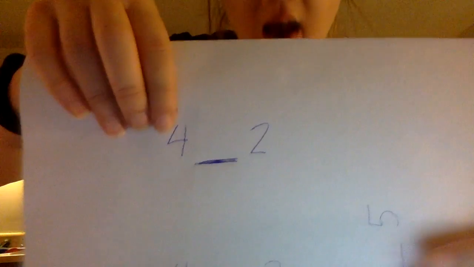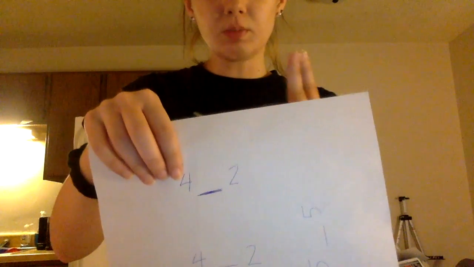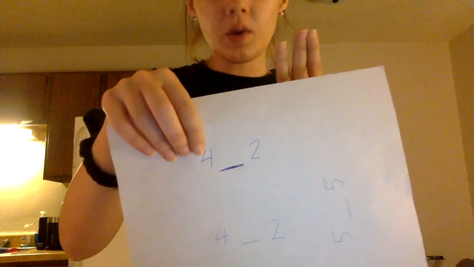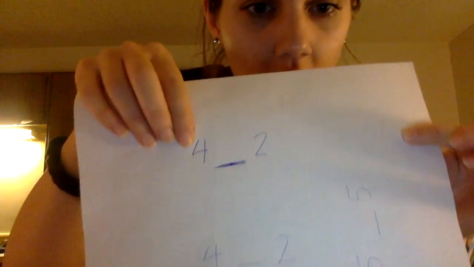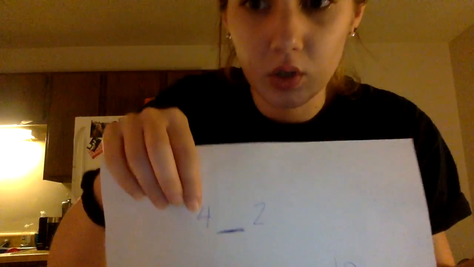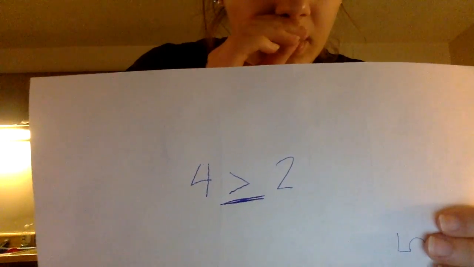So if we count, we go 1, 2, so 2 is smaller, it comes first, 3, 4. 4 is bigger, we know that. So I'm going to put the greater than symbol there. Okay, and then that is what that would look like if we're using the greater symbol.